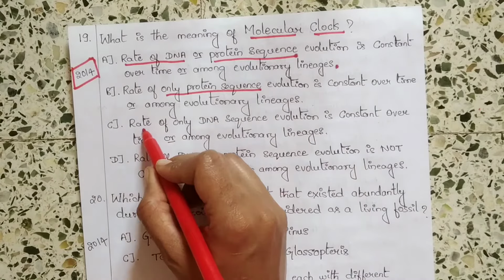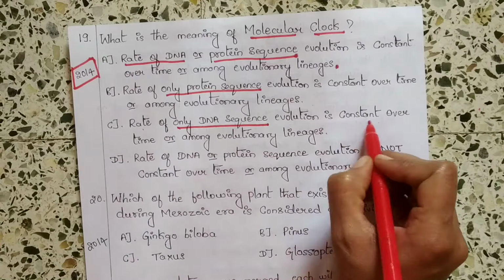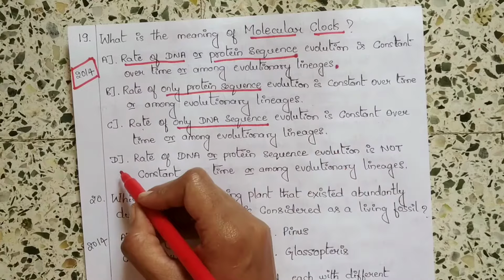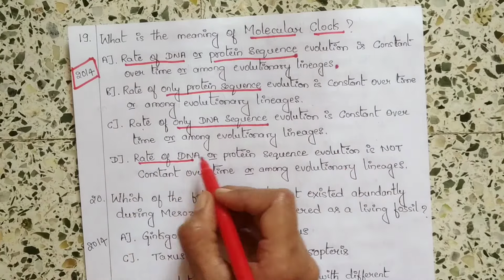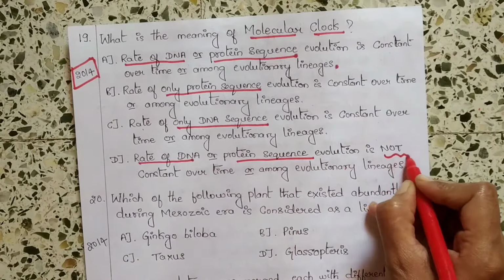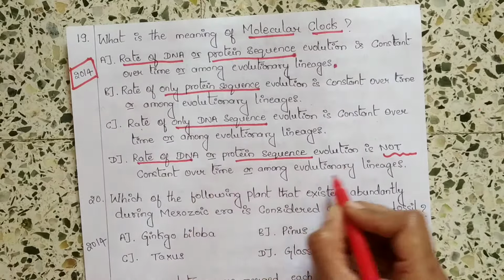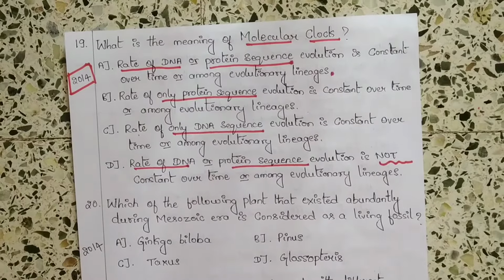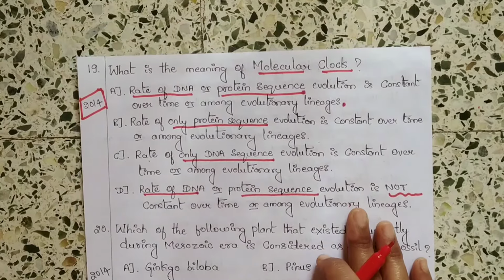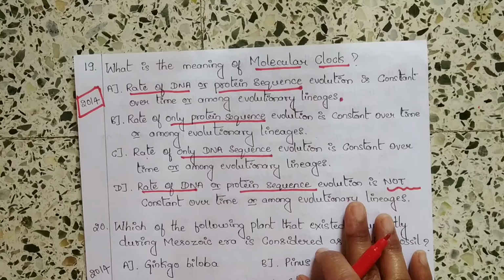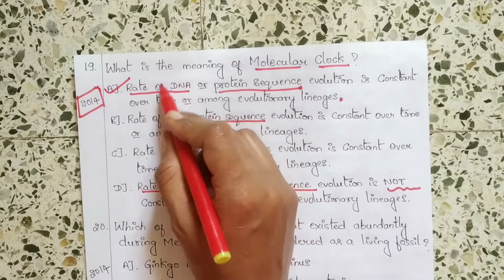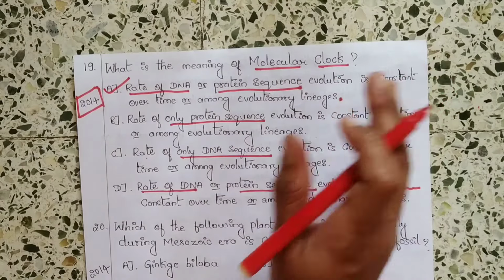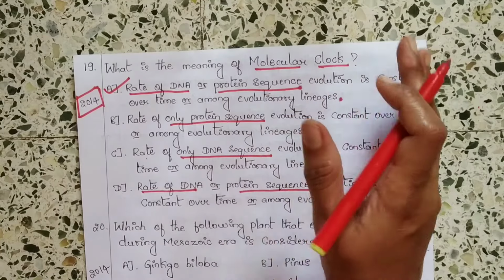Third option, the rate of only DNA sequence evolution is constant over time or among evolutionary lineages. Fourth option, the rate of DNA or protein sequence evolution is not constant over time or among evolutionary lineages. So among these four options, the correct meaning for the molecular clock is option A, that is, the rate of DNA or protein sequence evolution is constant over time or among evolutionary lineages.